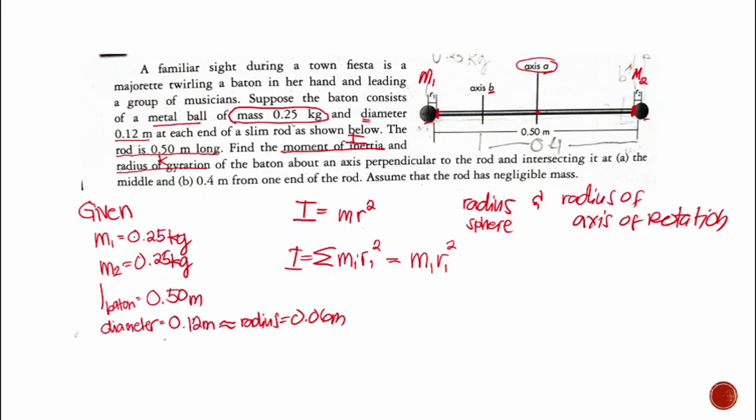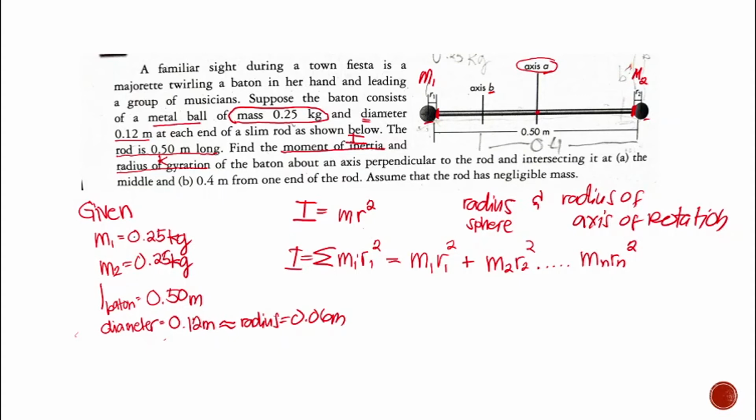Pwede din natin siyang gawin like m1 r1 square plus m2 r2 square up to mn rn square.